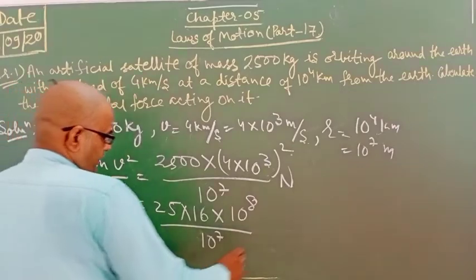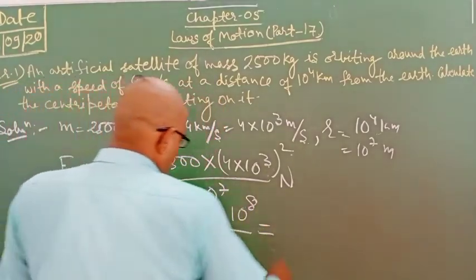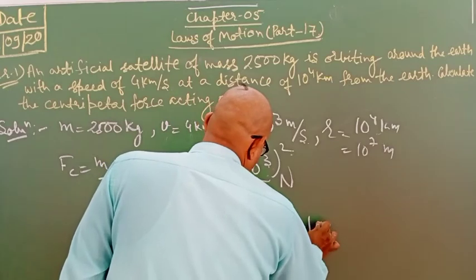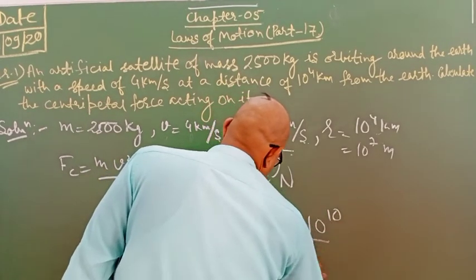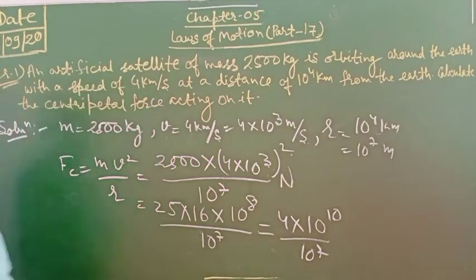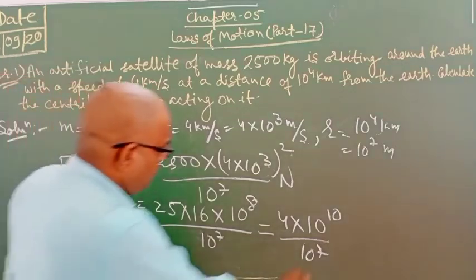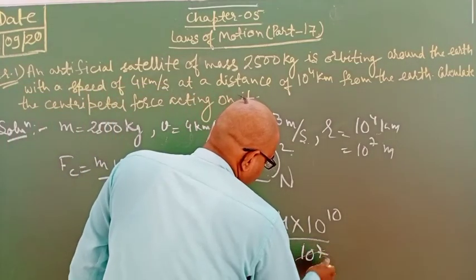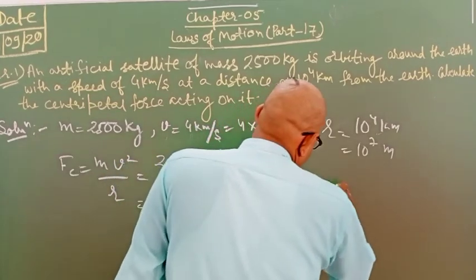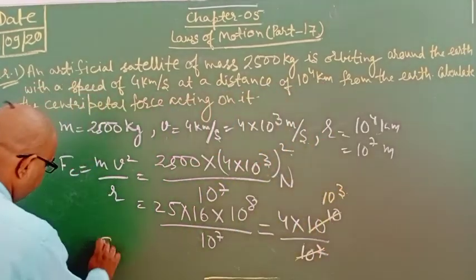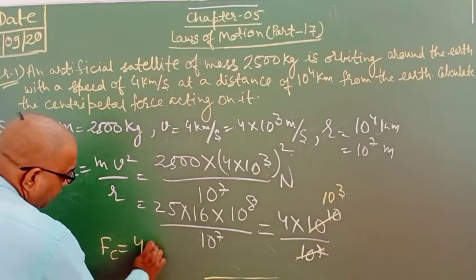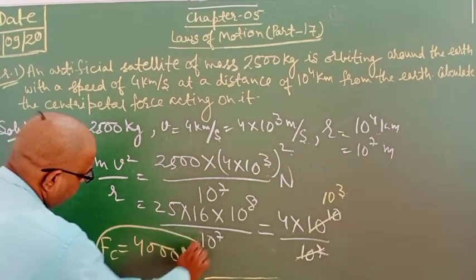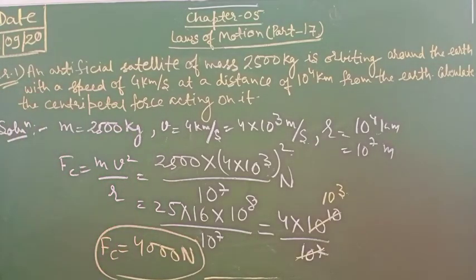It is equal to 400 into 10 to the power 8 upon 10 to the power 7, which cancels out and becomes 10 to the power 1. So Fc is equal to 4000 Newton. Centripetal force is equal to 4000 Newton.